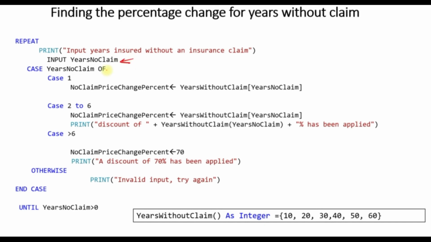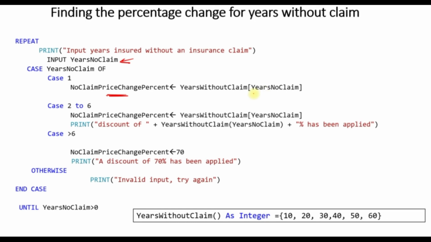This is a variable. Okay, case years. Now we remember this. We are confident we can use the case condition. Case and then the variable name of case 1, if this variable no claim price change percent equals no years without claim of the array.